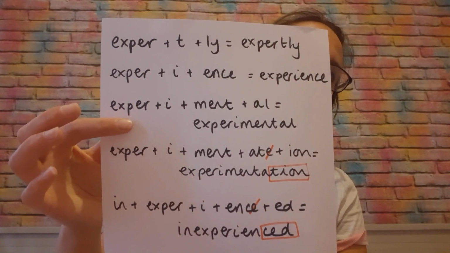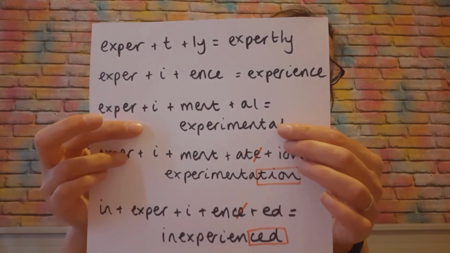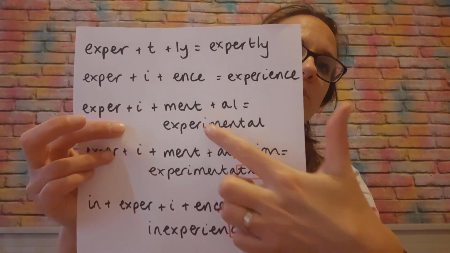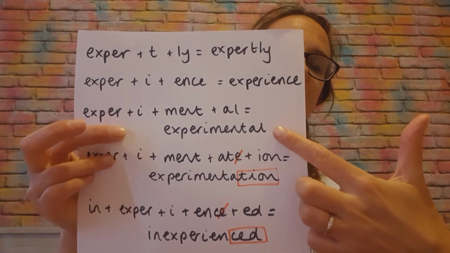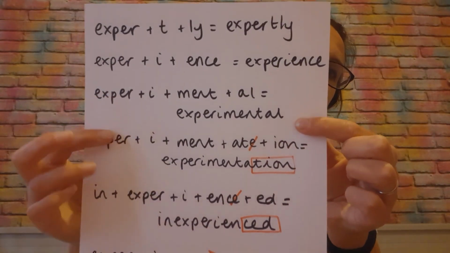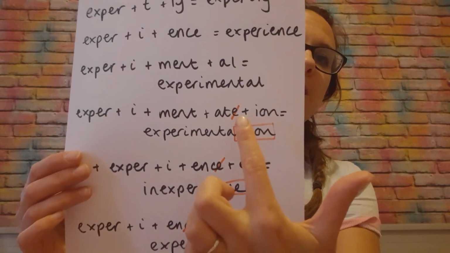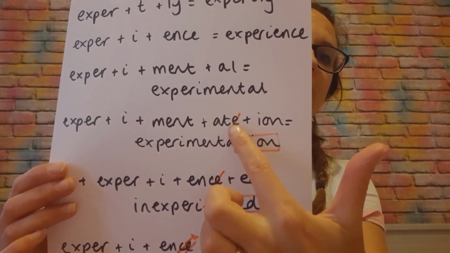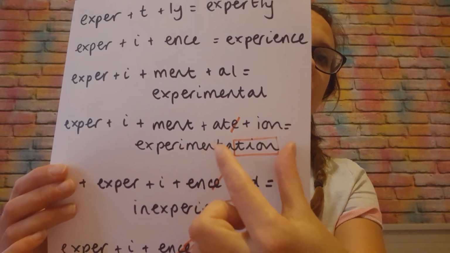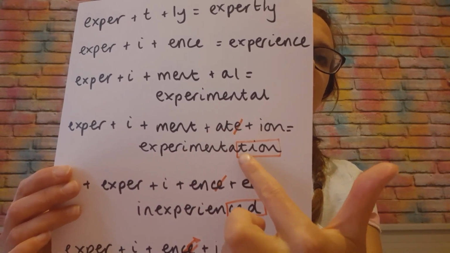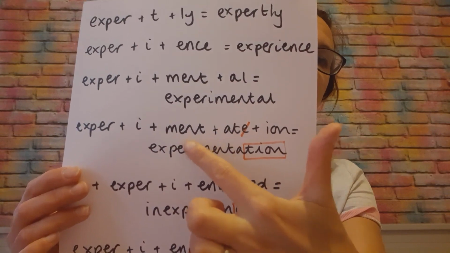Then we have experimental. If you do an experiment and it is experimental, that is the adjective to describe it. Experimentation, if you're trying it: we've got that shun there, drop the E for the ION and you get that shun ending, and it's a T for the shun because we've got the A there.